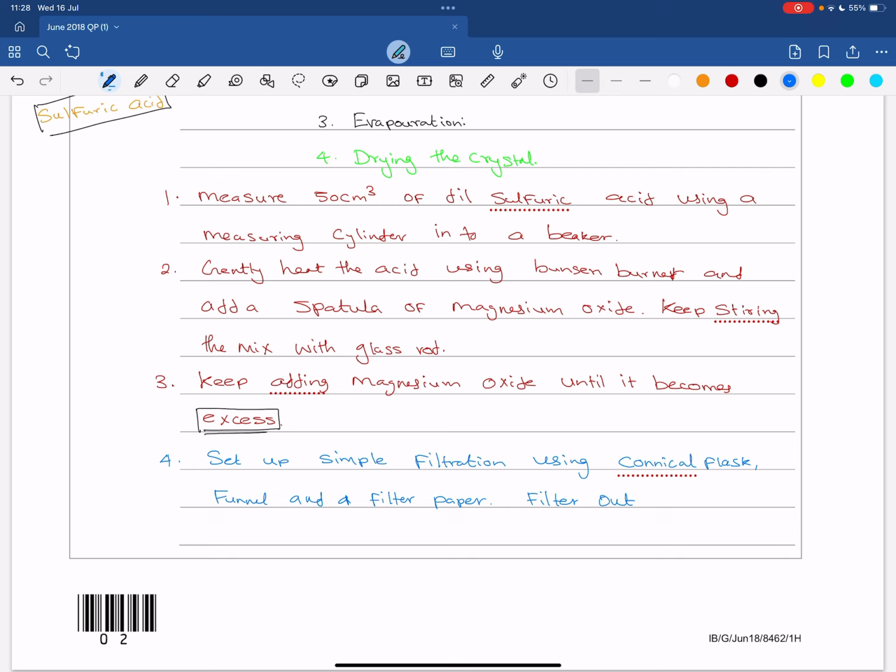Why are we filtering? We added an excess amount, more magnesium oxide than we needed, so that is remaining as solid, and we need to get rid of it, otherwise it won't be a pure crystal. So set up a simple filtration using a conical flask, funnel, and a filter paper to filter out unreacted excess magnesium oxide.